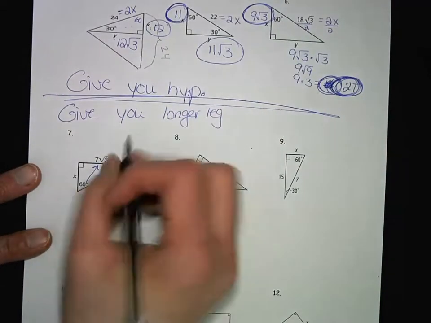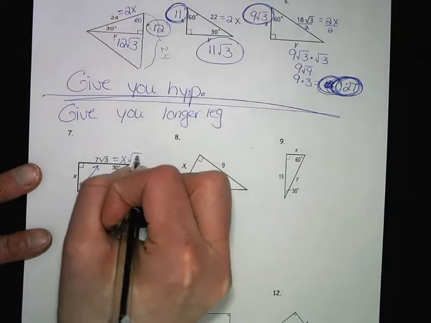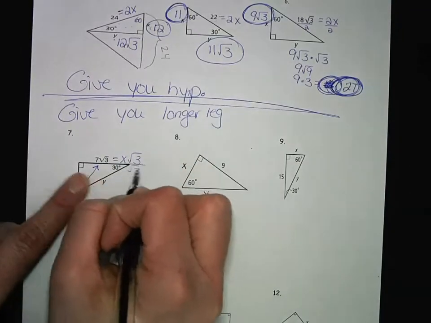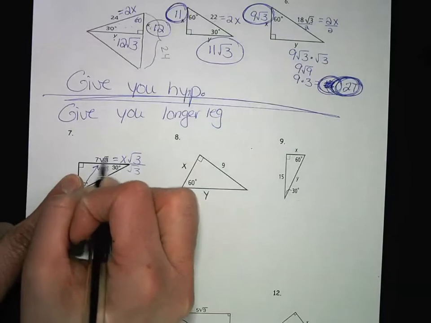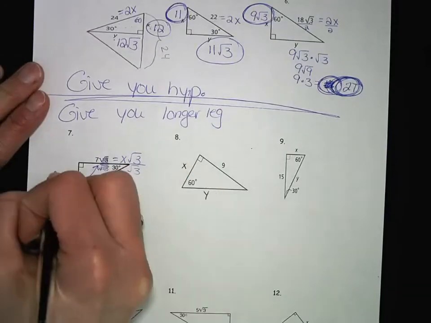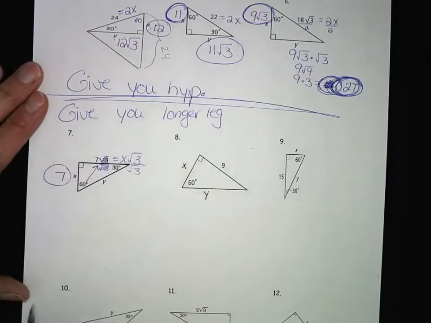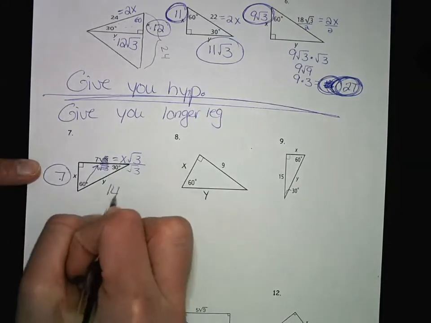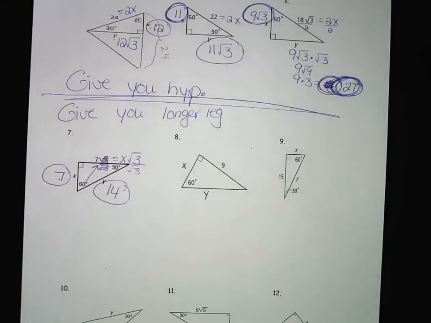This one, by rule, is going to be x square roots of 3. Well, notice, if I divide off the square root of 3, these just cancel. So x is just 7. Remember, if this was 7, this would have been 7 square roots of 3, so it makes sense. Then we just have to double for the hypotenuse, which is 14.